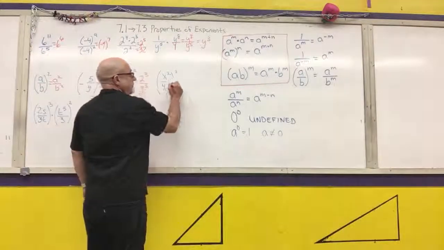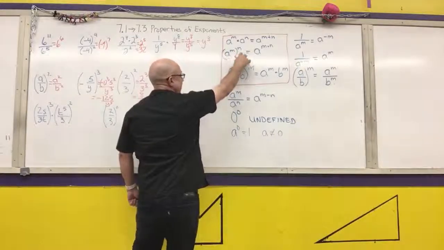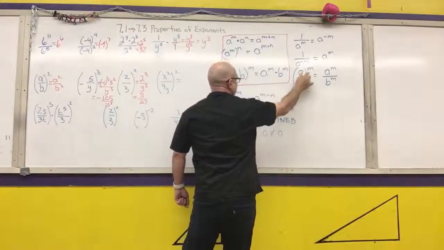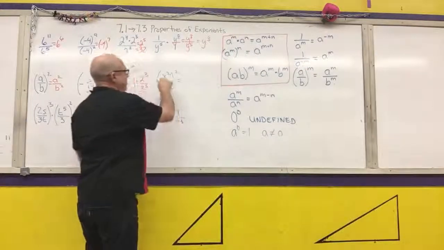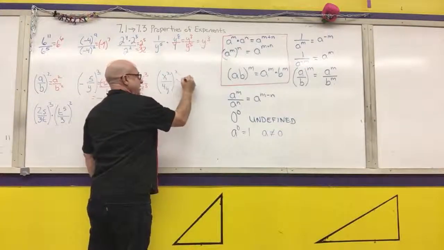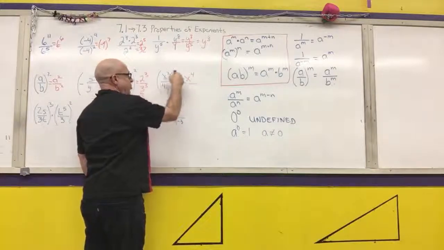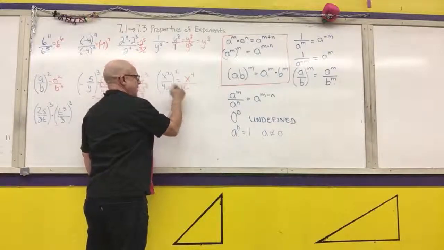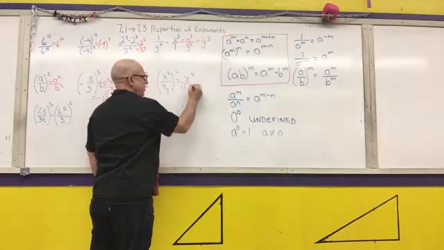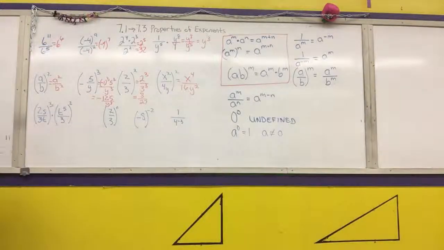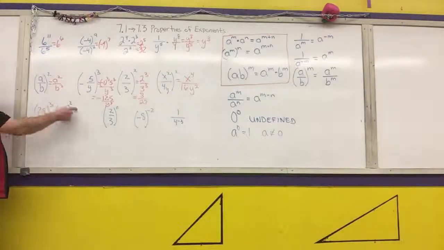Next problem, I'm going to use the product property as well as the quotient property and a quotient to an exponent. So x squared squared is x to the 4th, because 2 times 2 is 4. Then I get 4 squared, which is 16, y squared. Next example, I have a multiplication problem, but it's a multiplication problem of 2 things in exponents.